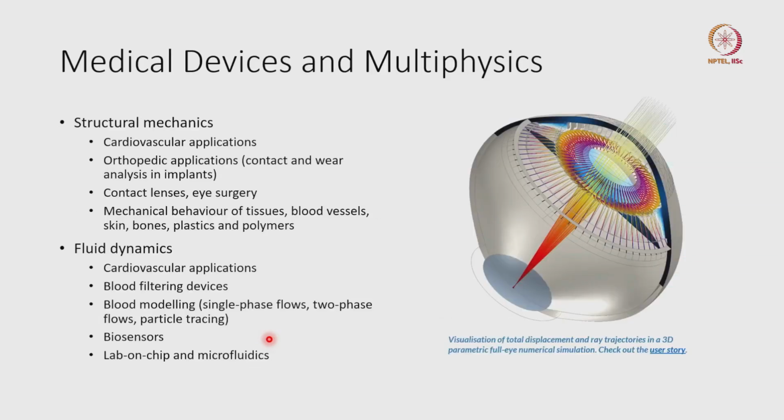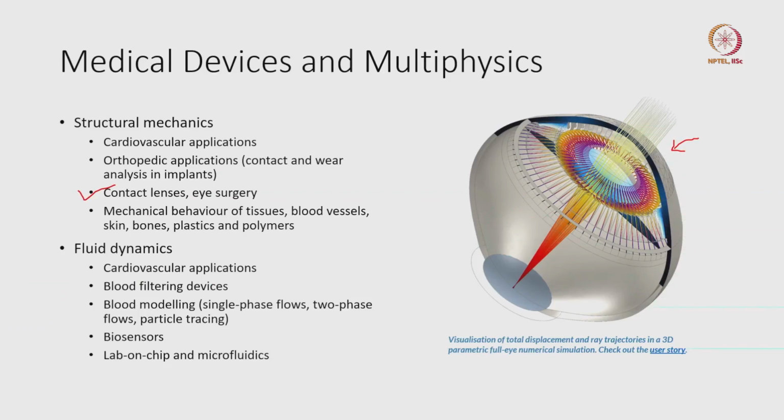So let us talk about the multiphysics analyses that could be performed. We start with structural mechanics. You have cardiovascular applications, orthopedic applications, for example contact and wear analysis, and contact lens analysis. One example, on the right side, is a complete model of an eye within COMSOL Multiphysics.